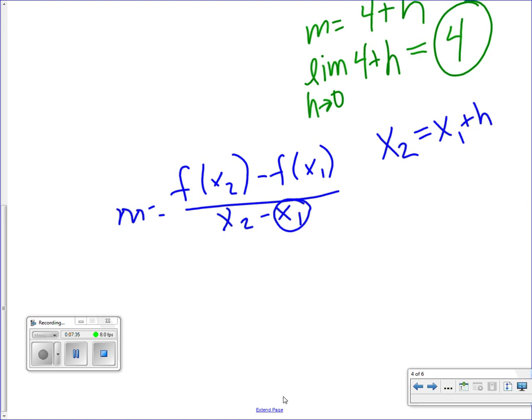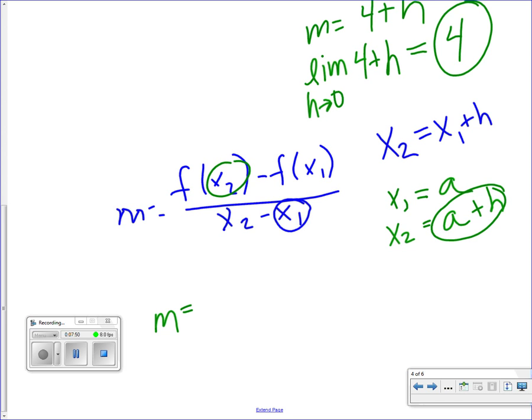I'm going to call x1 some point a, and I'm going to call x2 some point a plus a little bit more, h. And what that's going to do is I'm going to replace x2 right here with a plus h.